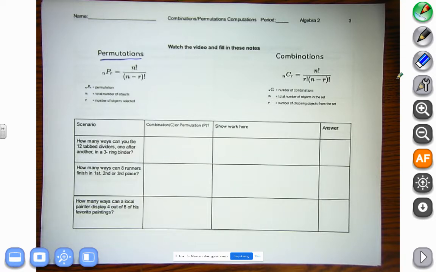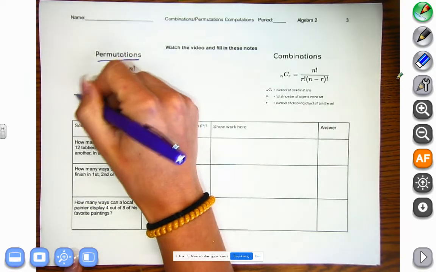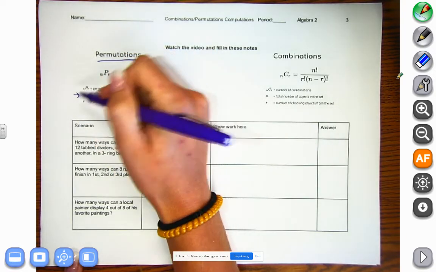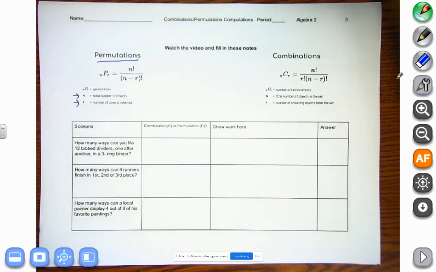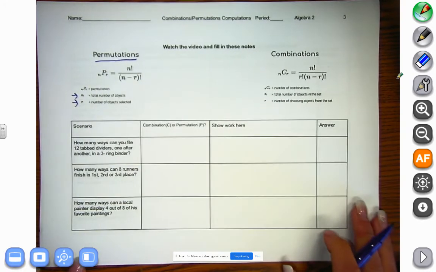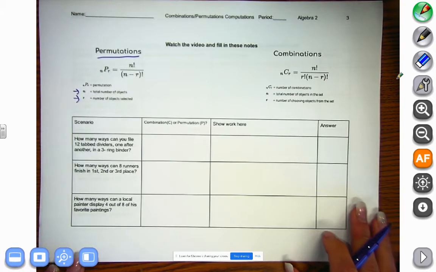The only thing you have to do in each problem is identify if it's a permutation or a combination, and then identify the total number of objects and the total number of objects being selected for that specific problem. Okay? So let's do the first example.